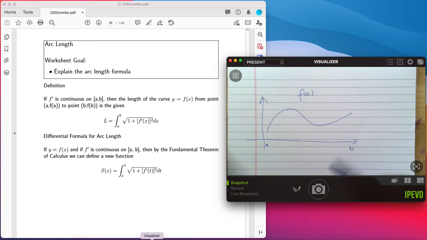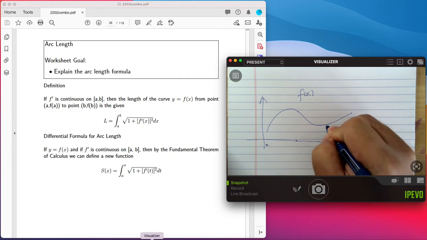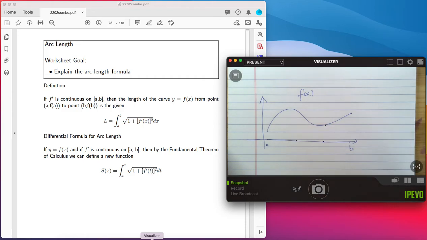But how do we do the approximation? The most obvious approximation method you can think of is to partition my interval, let's say, into 3 equal length parts.